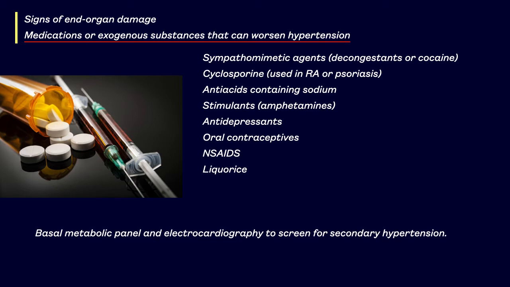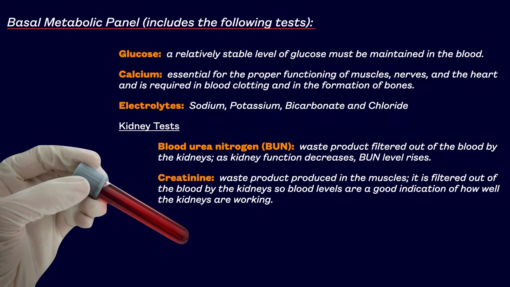So basal metabolic panel and electrocardiography should be performed to screen for secondary forms of hypertension. In respect to the basal metabolic panel, which is a set of tests, here you have what is checked.